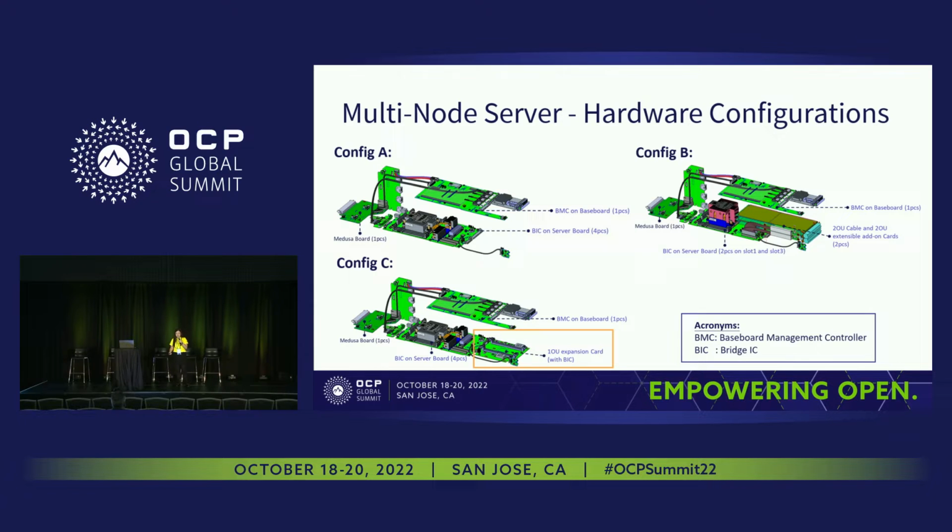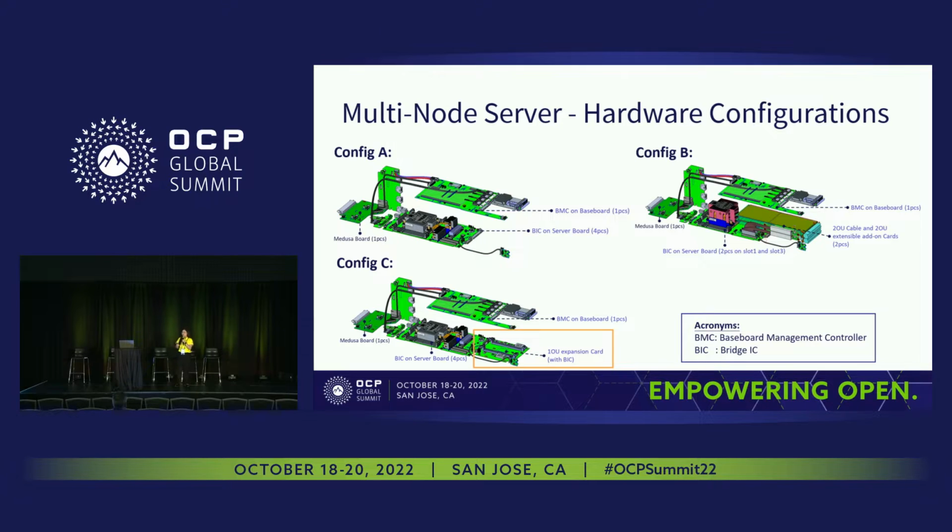Okay, and this page shows several hardware configuration types. The config A is our typical type. BMC is on the base board and connects with 4 server boards. And the bridge IC is on the server board. For the config B, the base board connects with 2 server boards, and each server board can connect with 2 2OU expansion cards.